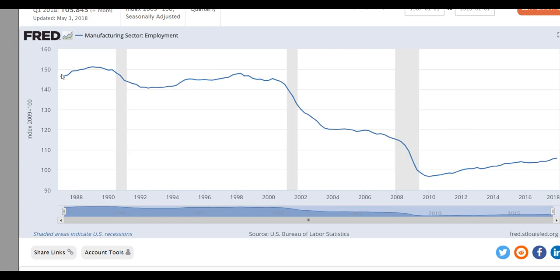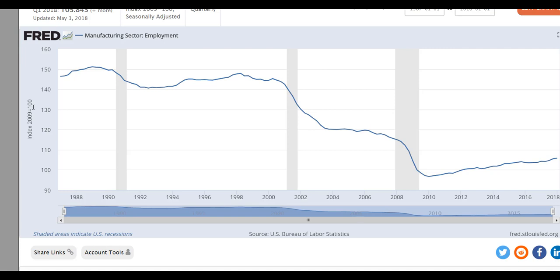We used to employ, at the peak year of first quarter of 89, 51% more than we were employing in 2009. Note that the index, the number of people employed in the sector, has been indexed, and the reference point is 2009.